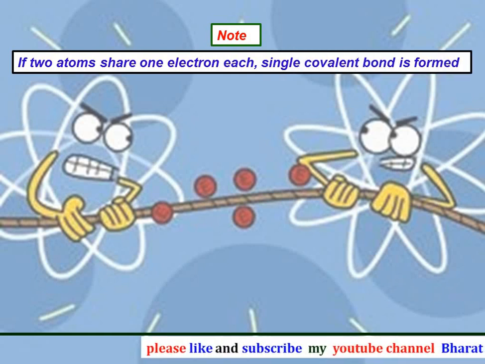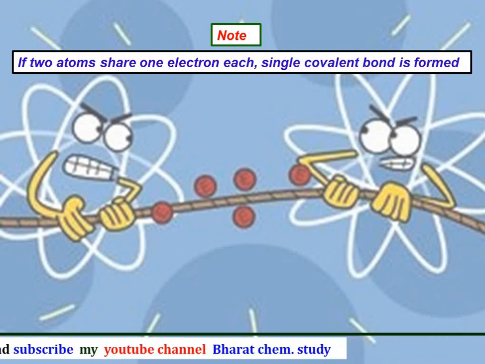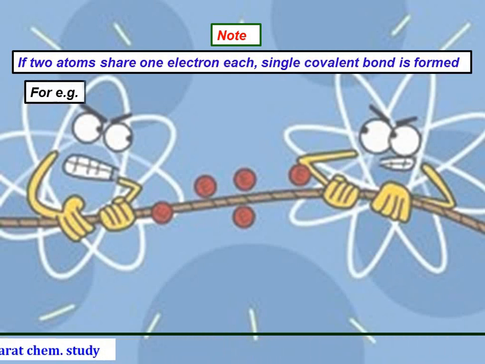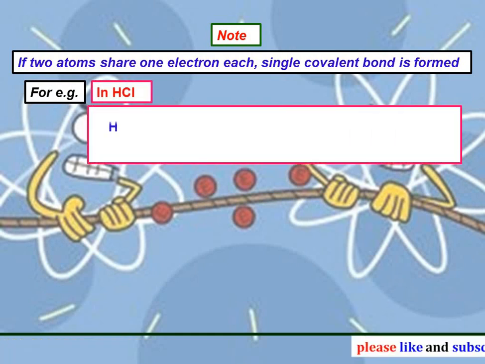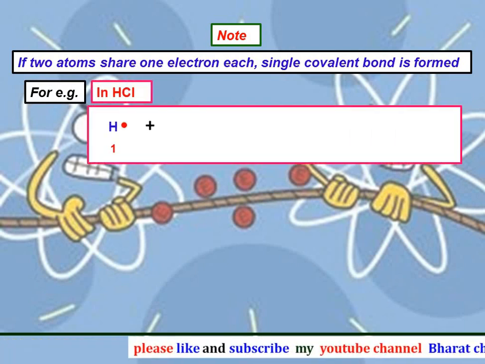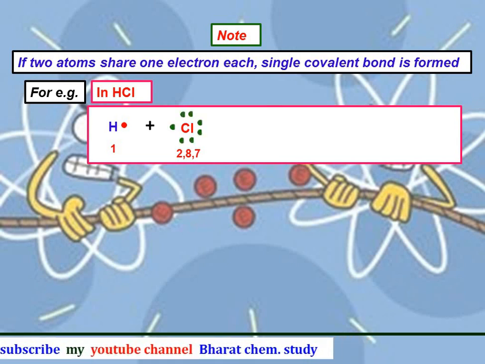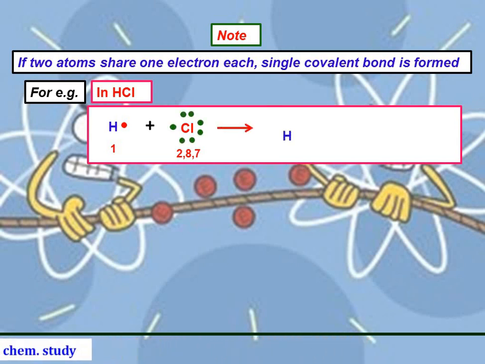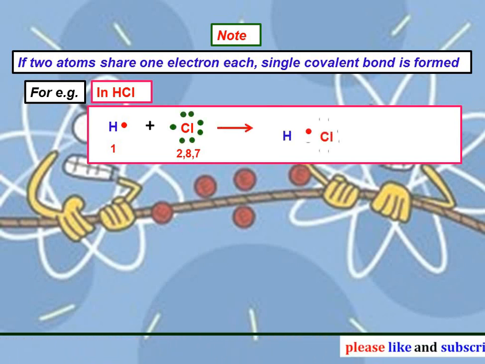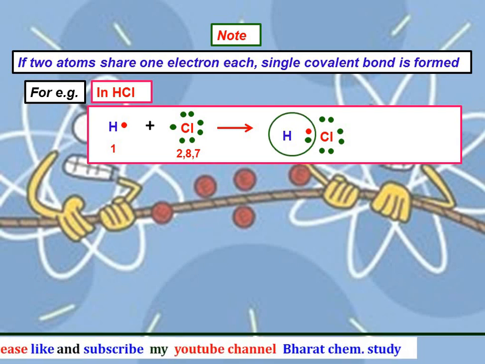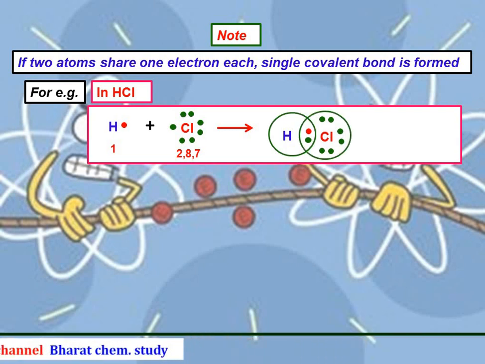Note, if two atoms share 1 electron each, a single covalent bond is formed. For example, in case of HCl, hydrogen shares 1 electron with chlorine, and chlorine also shares only 1 electron with hydrogen. That's why we can say that the bond present in hydrogen chloride is a single covalent bond. Always remember one thing, that one bond contains 2 electrons.